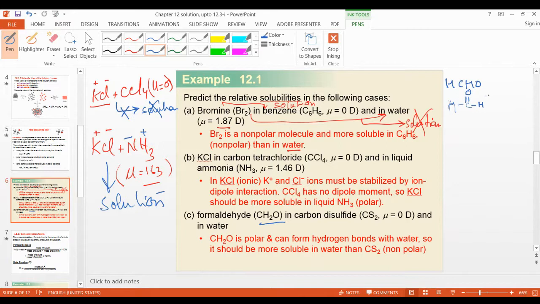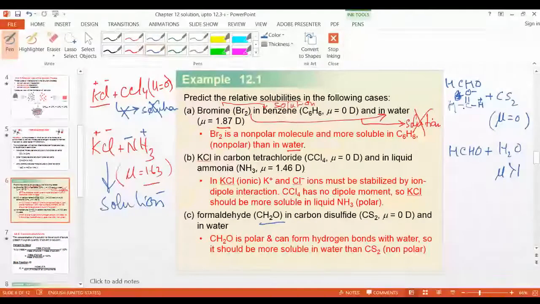Formaldehyde plus carbon disulfide, whose dipole moment is 0. And formaldehyde HCHO plus water, whose dipole moment is greater than 1. And you know that this is automatically plus and minus, so it has plus and minus.